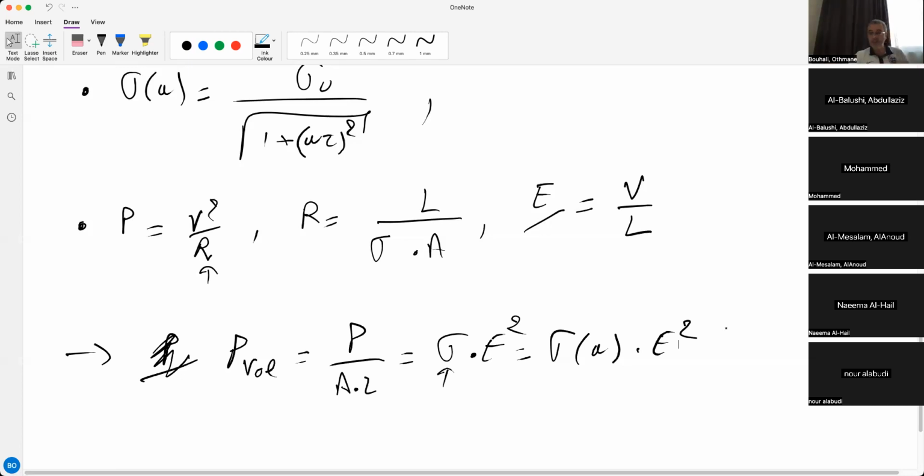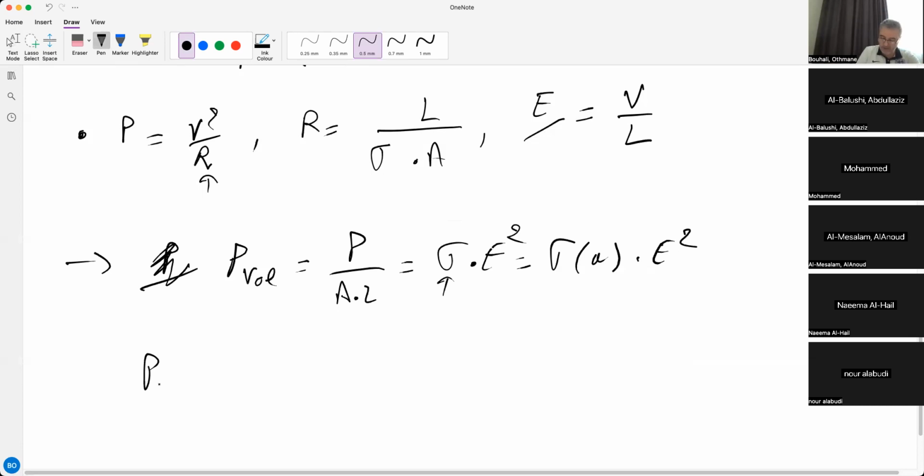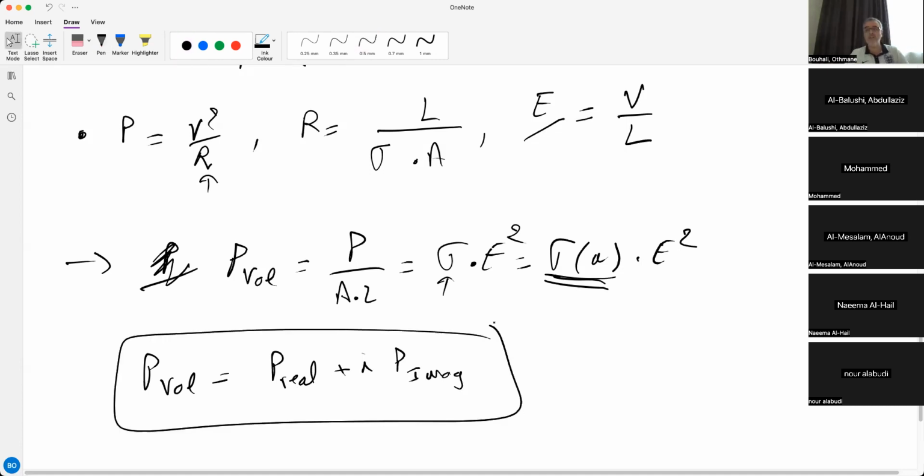And since sigma has a real part and imaginary part, the power will have also a real part plus an imaginary part that you might be asked to calculate in certain applications. Okay. Any question?